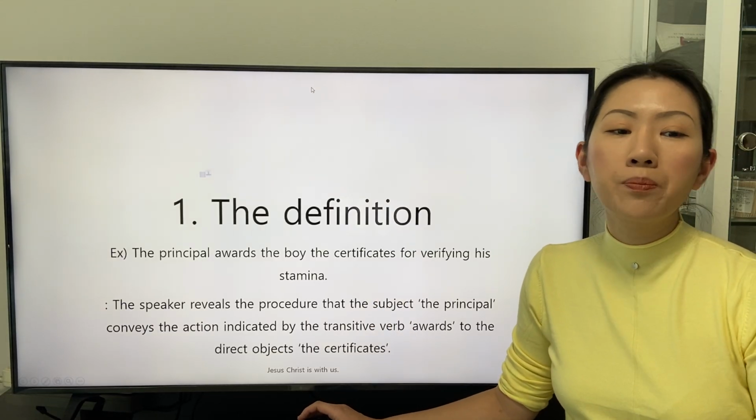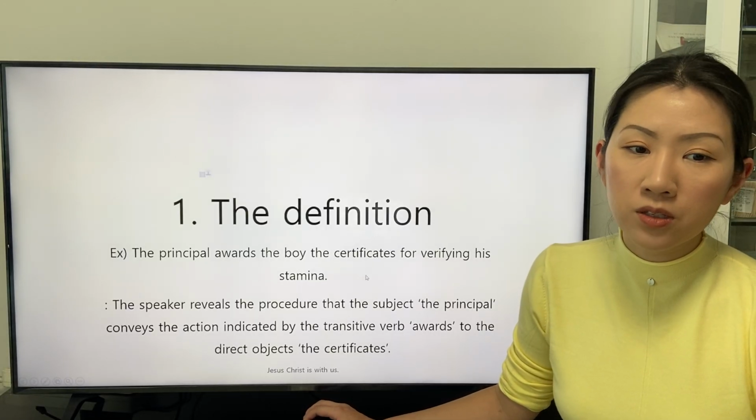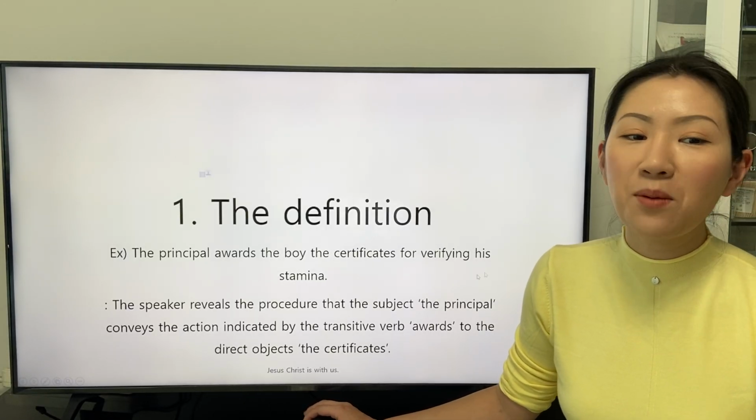The principal awards the boy the certificate for verifying his stamina.